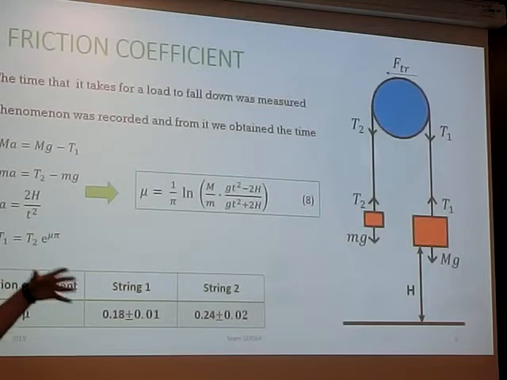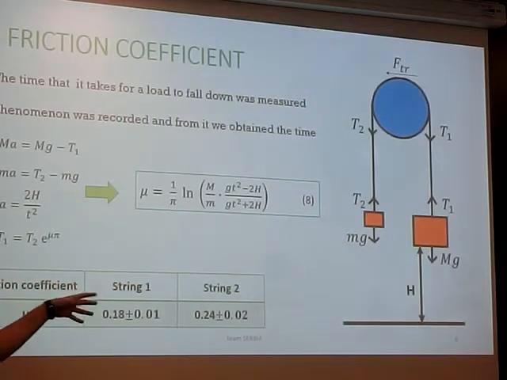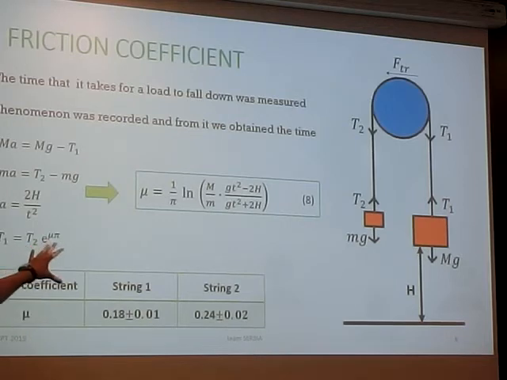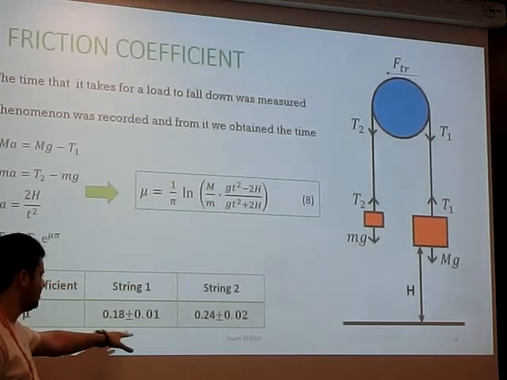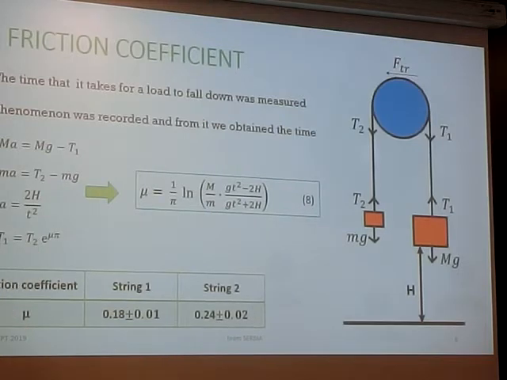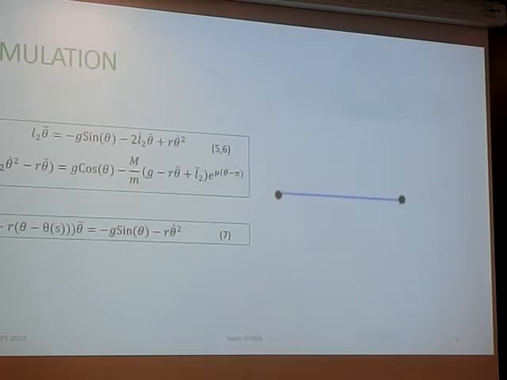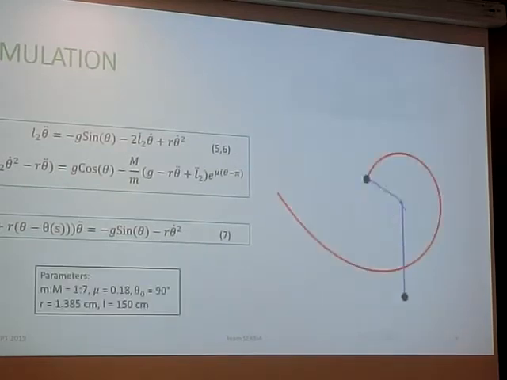So we record this phenomenon and find the time it takes for the heavier load to fall down. We put it in our equation and find that the friction coefficients for our two strings are 0.18 and 0.24.